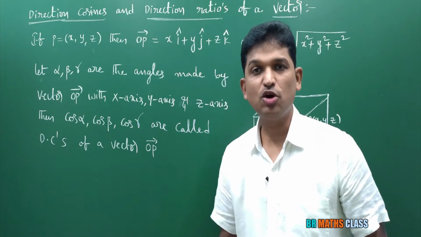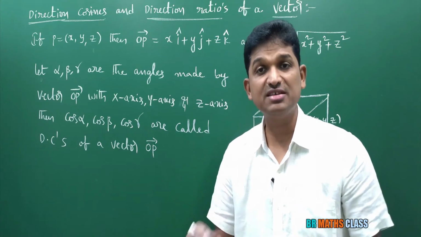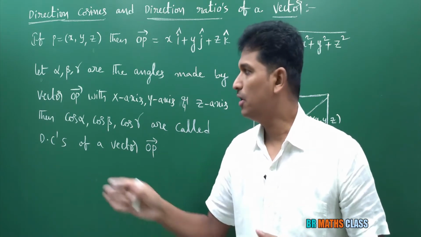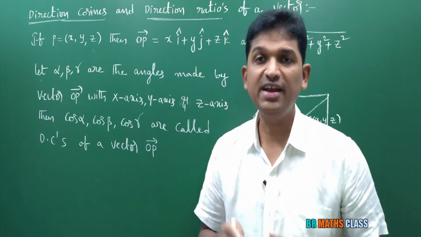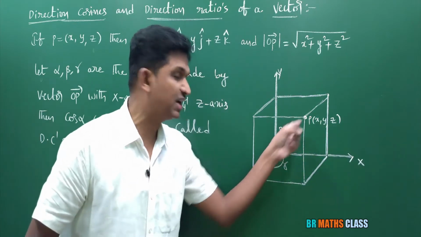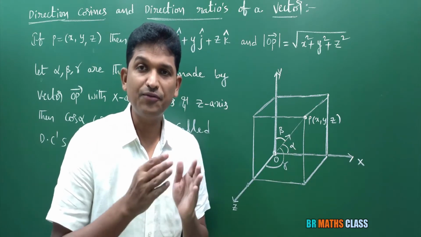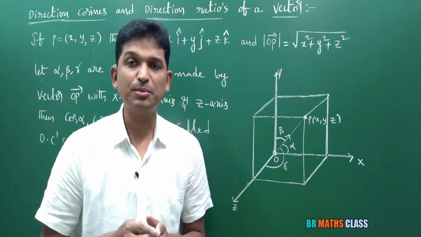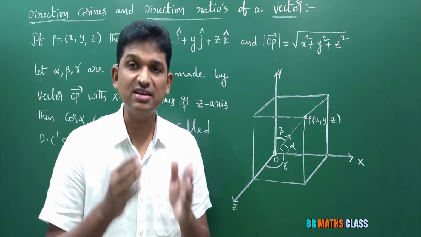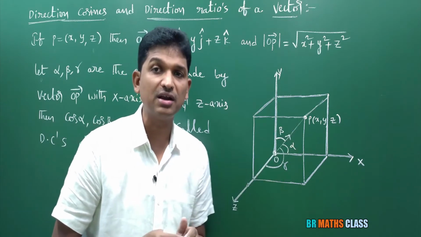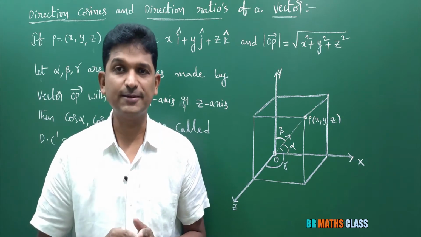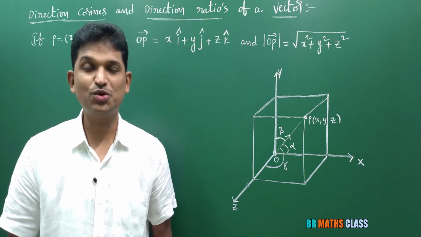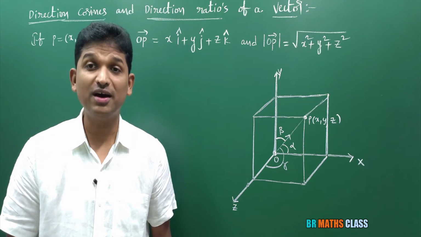In trigonometry, cos means cosine function, tan means tangent function. With the help of cos alpha, cos beta, cos gamma, we can find the unique direction of the vector OP bar. Now you understand the definition of direction cosines of a vector.